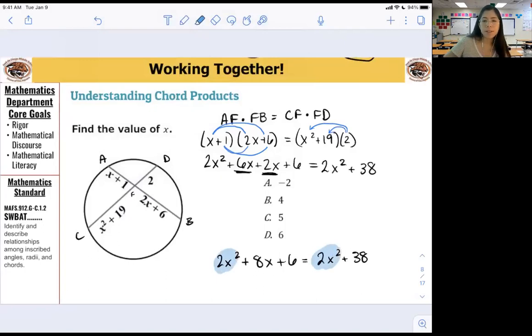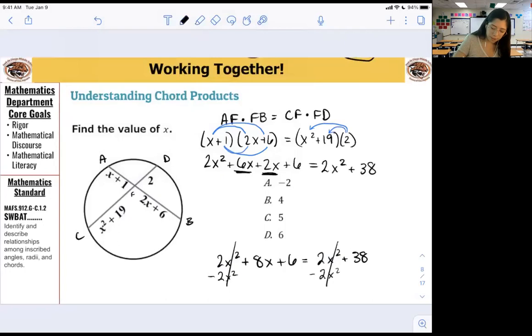So what happens if I subtract it from the right side? They both cancel out, right? So if I subtract it over here and I subtract it over there, it's going to cancel out completely. So this is actually easier than the previous problem.